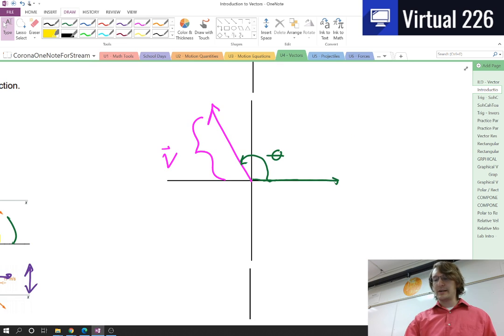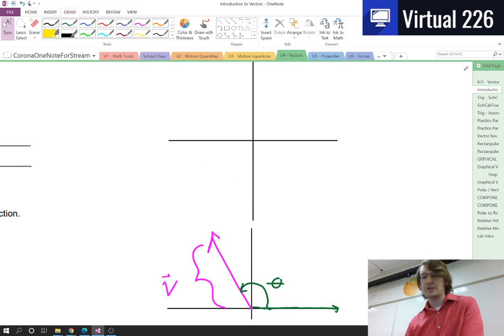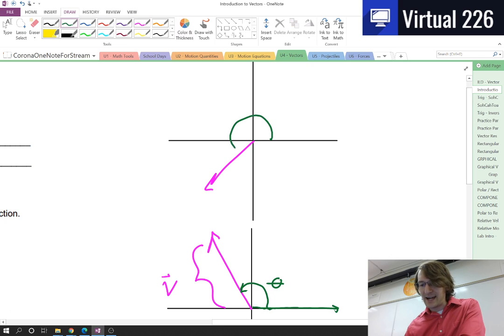It's important to recognize, though, that if you are using polar notation, you do need to be a little careful. If you have a vector that's coming down like this, it is very important to remember that you want this entire angle here. So if you're only given that this angle in blue is, let's say, 40 degrees, but you want the entire angle in green, you cannot just say that this is some vector v comma 40.